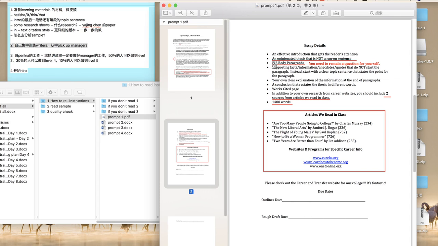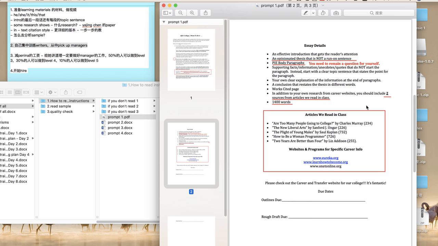Here, it said PIE body paragraphs. You need to ask yourself what PIE is. If your manager didn't provide you anything about PIE, you need to ask your manager about PIE. And here it stated the sources: two sources from articles we read in class.